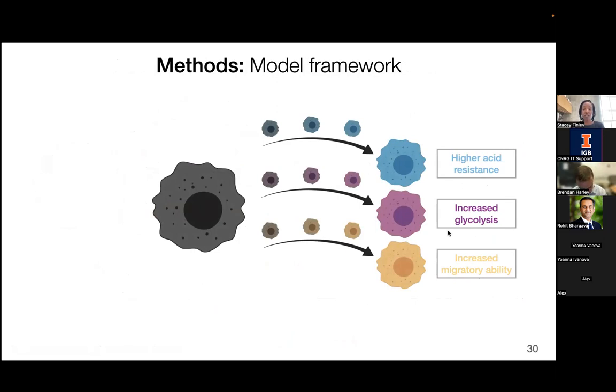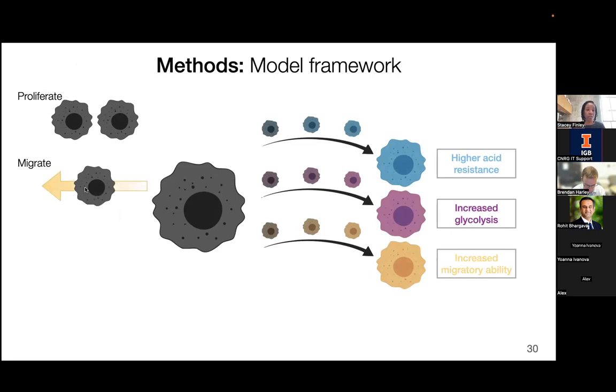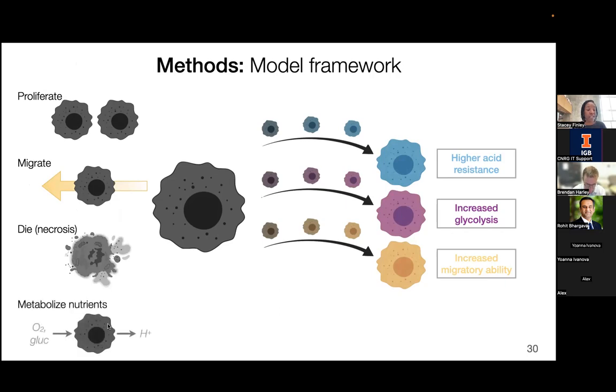So these are three different characteristics of the tumor cells that we can see evolve over time and in response to the microenvironment. The cells can also proliferate. They can migrate and move around in the tumor microenvironment. They can die due to necrosis. They can also metabolize nutrients.